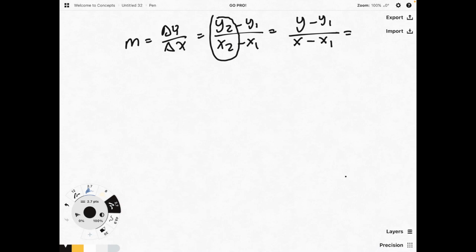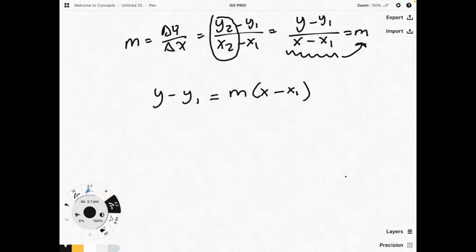But we know that this is equal to m. Now, if we wanted to move this x quantity all the way to the right side, that would leave us with y minus y1 equals m times (x minus x1). And again, all we did was move the x variables over to the right side. If we were to write the slope in this form, this is known as the point slope form.